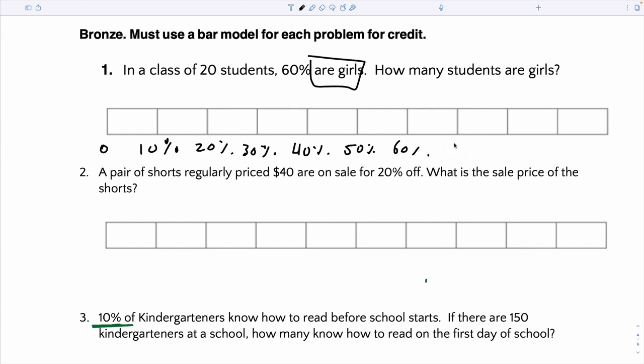If it's asking you for 60% of a number, watch what I do. You go to 60%. I'm going to check out my 100% and I want to count by twos all the way up to 20.